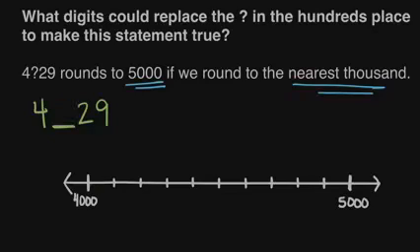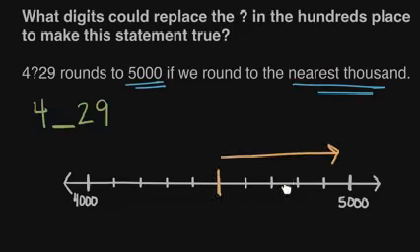So it's not going to be a 0. And I don't know that we need to try all 10 numbers. What we can do is look down here. Let's look at this graph and see which section of this number line is closer to 5,000. And the answer will be, if we find right in the middle here, 4,500, anything greater than this will round up to 5,000.